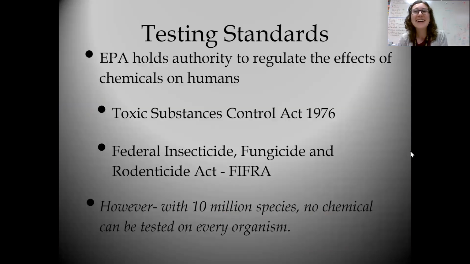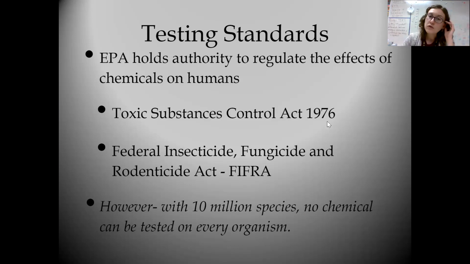But okay, as you would hope, we are monitoring chemicals, and we're monitoring our water, and we're monitoring all these different products that we are putting into our households to make sure that we're never exceeding that lethal dose as much as possible. The EPA, the Environmental Protection Agency, is going to be the ones who are in charge of regulating this.